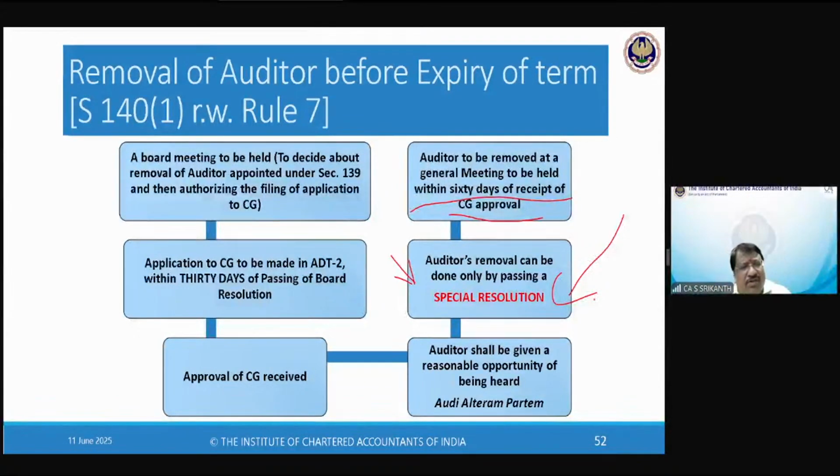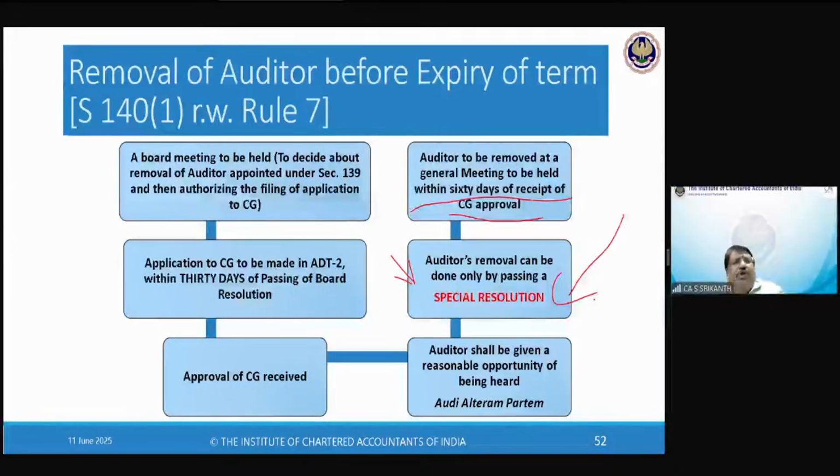It is a quasi-judicial function, so automatically the principles of natural justice apply. That means the other party should be given a reasonable opportunity of being heard. In addition, here the Act itself says the auditor should be given a reasonable opportunity of being heard.